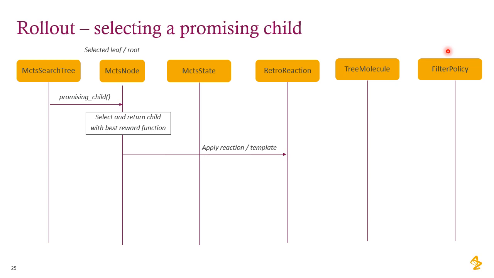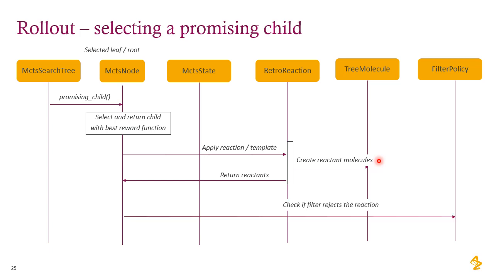We will take the retro reaction corresponding to the most promising child, and we will apply that reaction, which in case of the template-based approach means we will apply the template onto the target molecule. The retro reaction, when we call apply, will create the reactant molecules by applying the template, and then it will return those reactants to the Monte Carlo node.